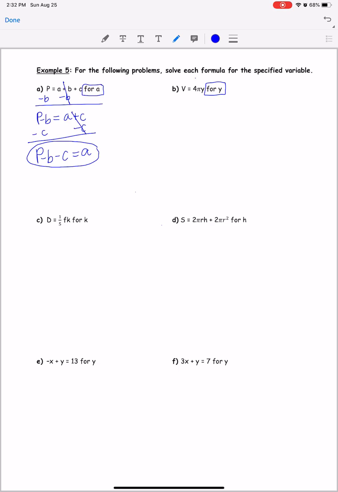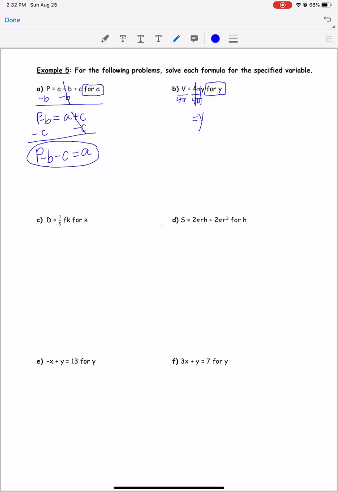What is going on between 4 pi and y? Well, there's no operation sign, so that means they're being multiplied. Opposite of multiplication is division. So I'm going to divide 4 pi from both sides. My 4's cancel, my pi's cancel. I'm left with just y. Can I do any kind of combining or reducing here?